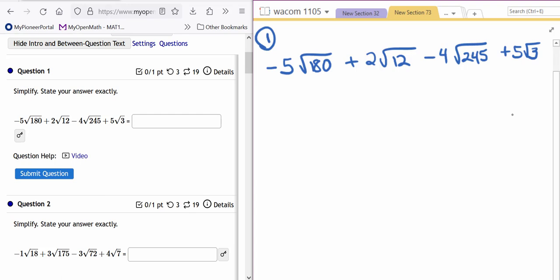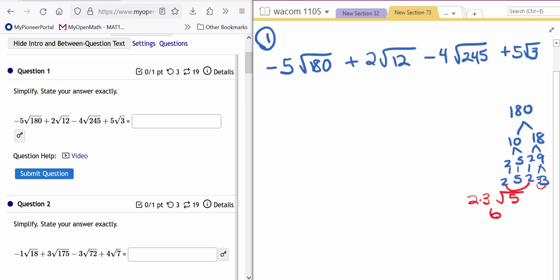So I'm going to work on the side. So I'm going to work on 180. It has a 10 times 18, and we have 2 times 5, and we have 2 times 9, and the 9 will keep going to 2 3s. All right, and so we have 2 squares under there. We have 2's and we have 3's. So we can take out a 2, a 3, and the 5 has to stay underneath.